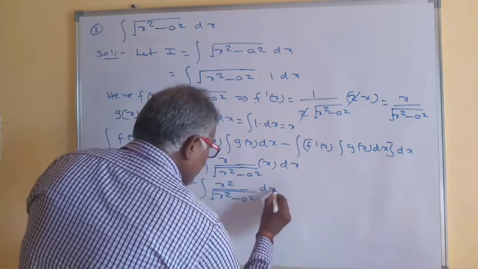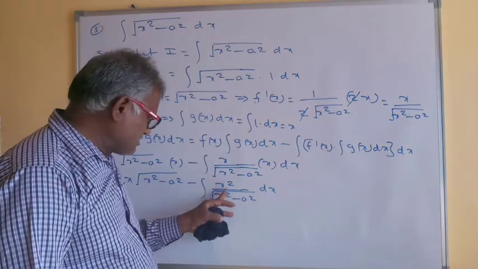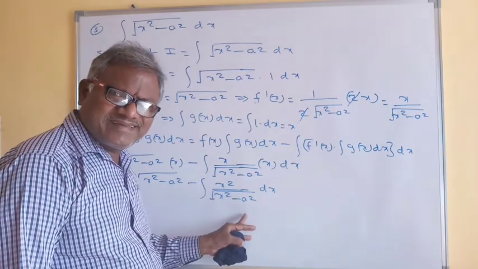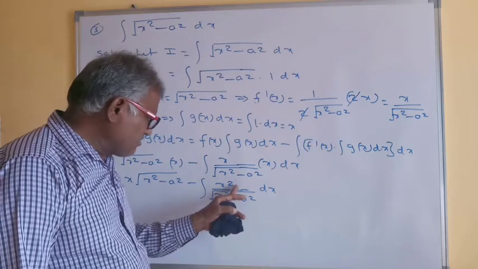Okay, dx. So here if you observe, x square term is there, and along with x square, minus a square is there. So what you have to do? Add and subtract a square.